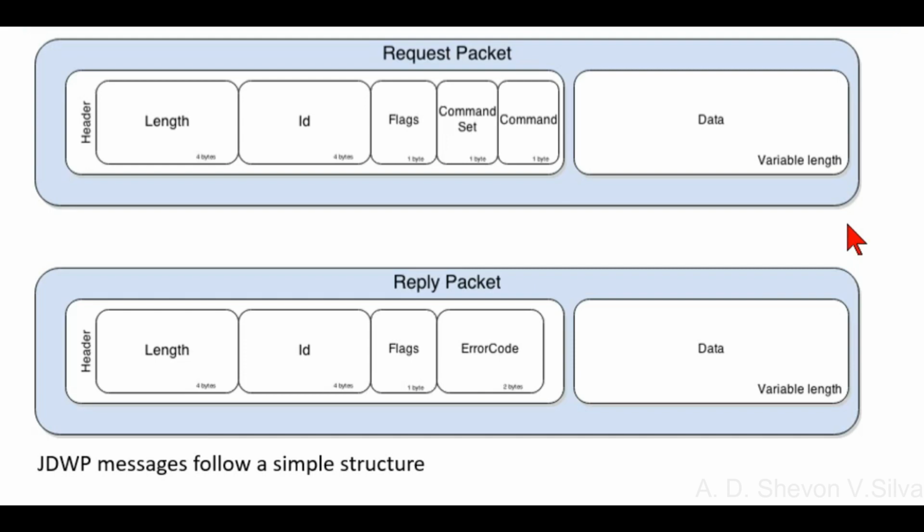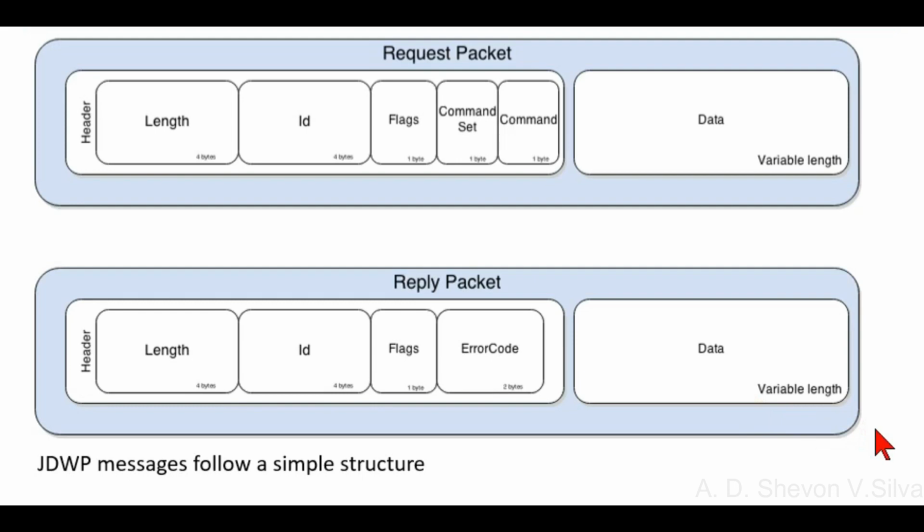A reply packet is sent only in response to a command packet and always provides information on the success or failure of the command. Reply packets may also carry data requested in the command, for example, the value of a field or variable.